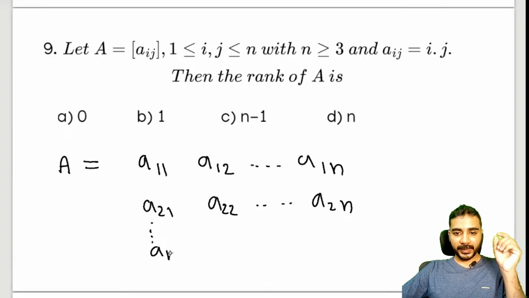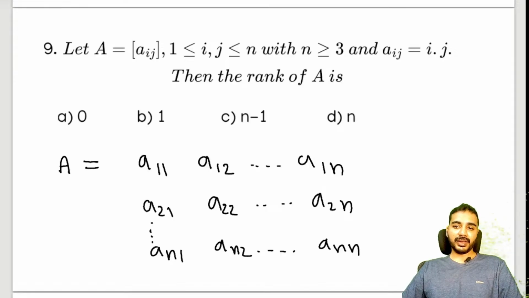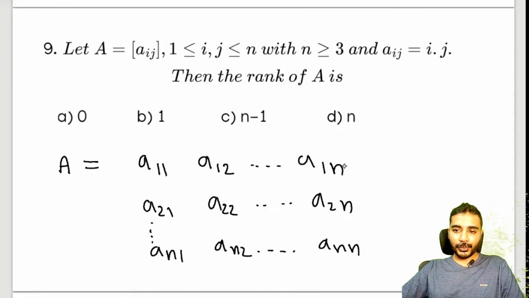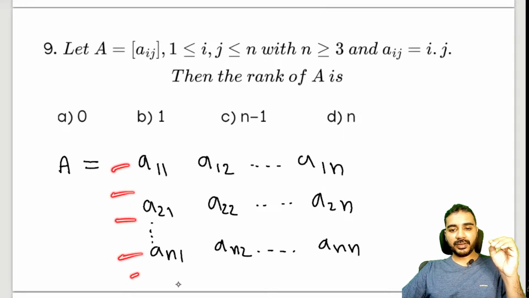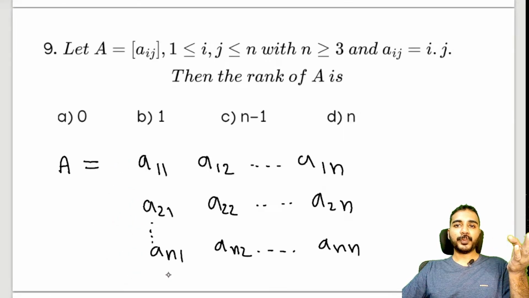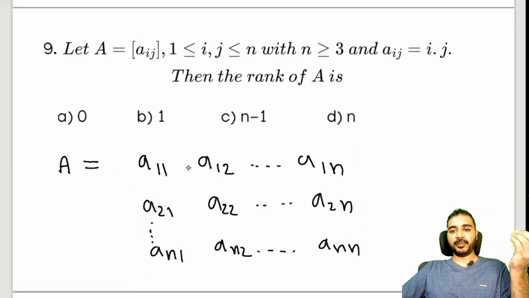An1, An2, up to Ann. Since the maximum number of columns is n, even if we consider more than n rows here, that doesn't count to rank, because we have to consider a square matrix and find the determinant for finding the rank of a matrix.